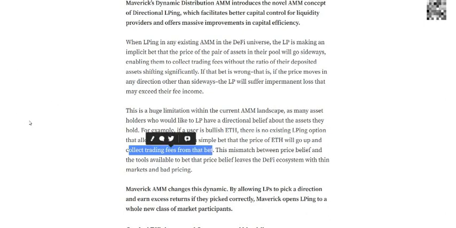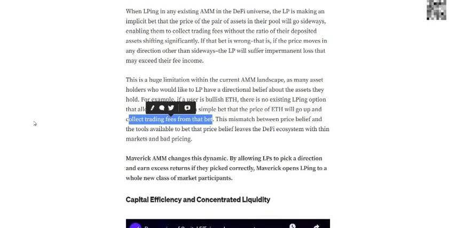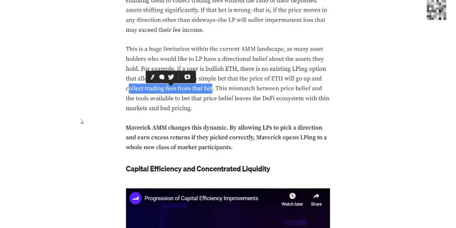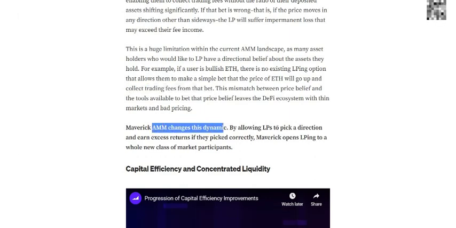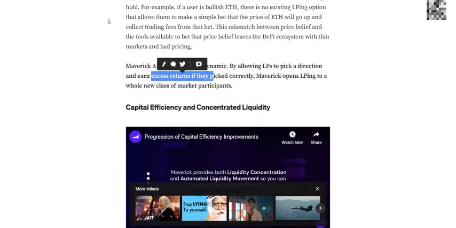Most of the options available these days, as you might be aware, in regular AMM services, is that you have to deposit your ETH and USDT both in equal proportion in an LP pool, and that's how you start earning from that liquidity pool. But Maverick AMM changes this dynamic. It will allow you to pick a direction and earn excess returns if your direction is picked correctly.